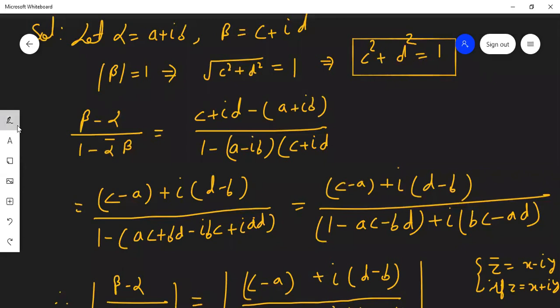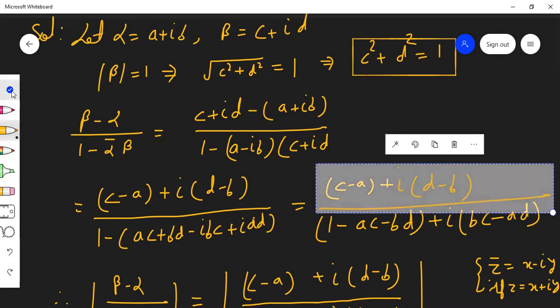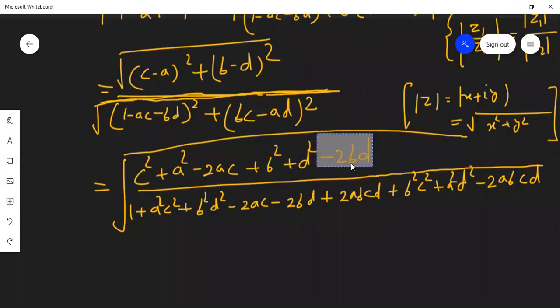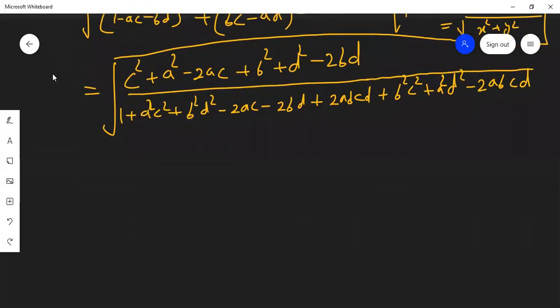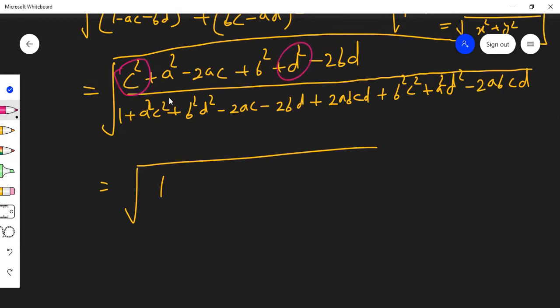So we will use that and get the answer. Okay, fine. c squared plus d squared can be written as 1. In place of c squared plus d squared, if I could show you, this c squared and this d squared together give me 1.